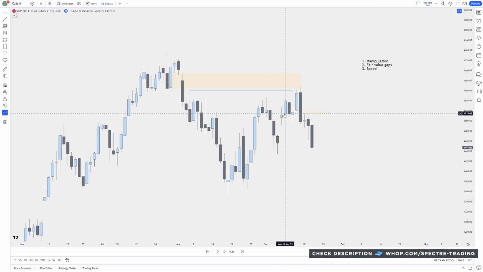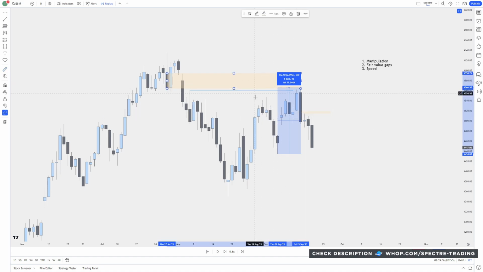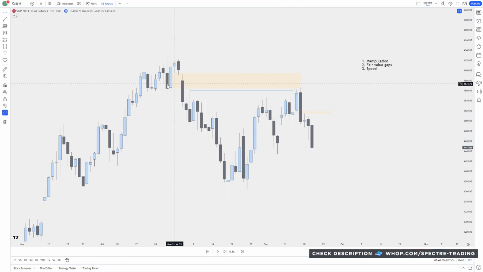As you can see, coming up to this buy side liquidity pool, we can just measure this out. From this initial push to get to this buy side liquidity pool, it took us six candles, or 8 days including the weekend. So it took us 6 candles to get up to the buy side liquidity pool.